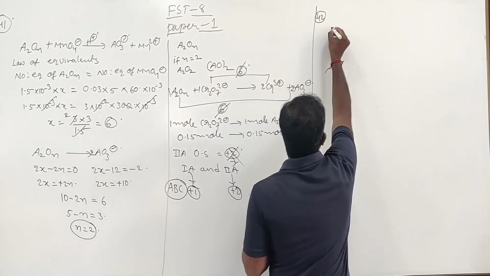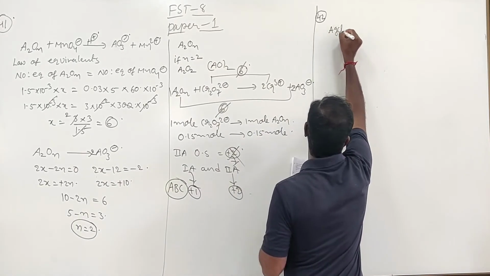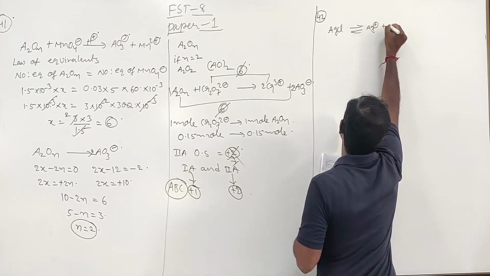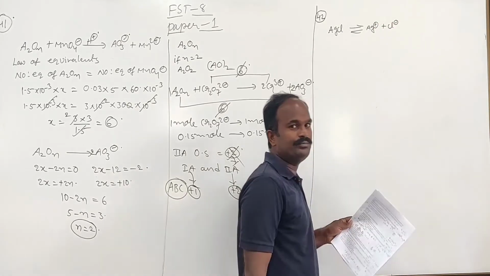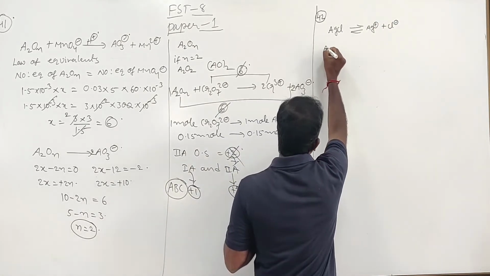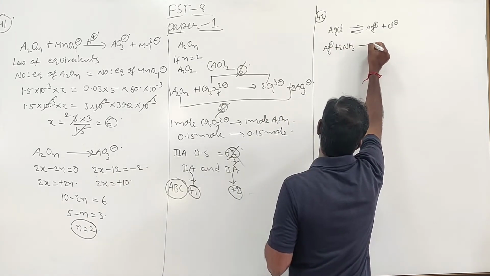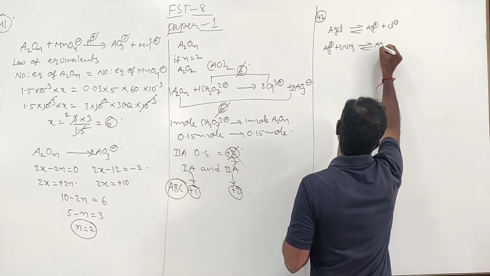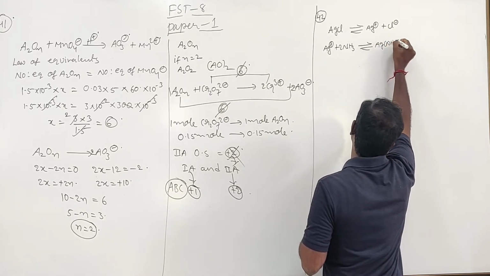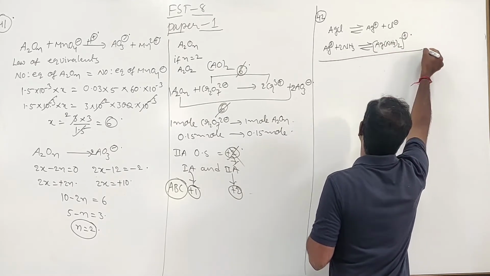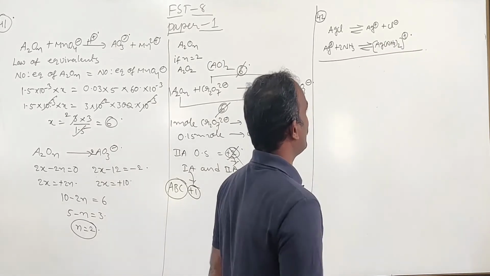First, what we have to do for this: AgCl gives rise to Ag plus and Cl minus. Now this Ag plus with 2NH3 gives rise to Ag(NH3)2 plus.